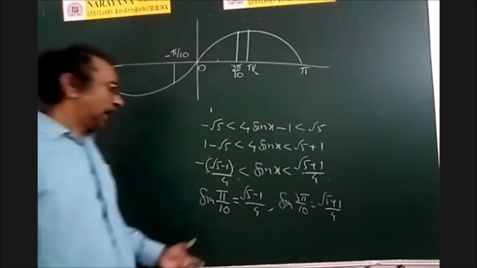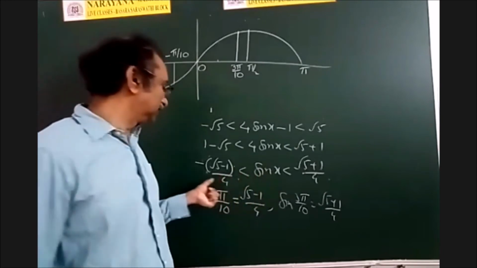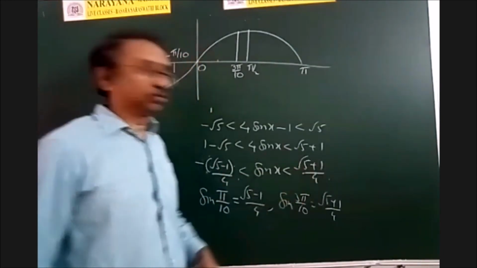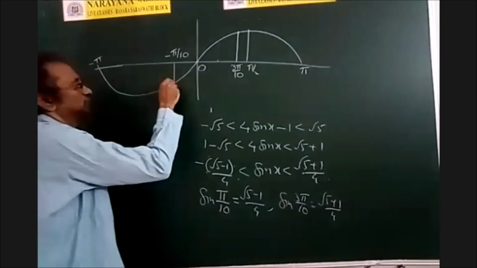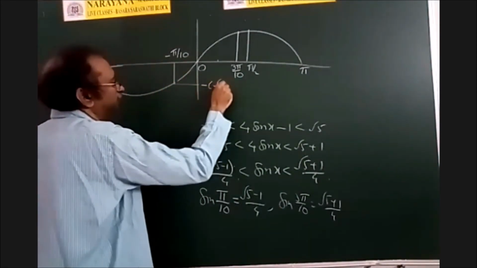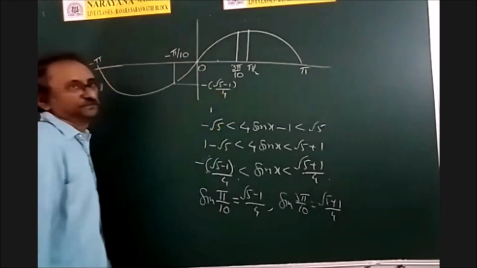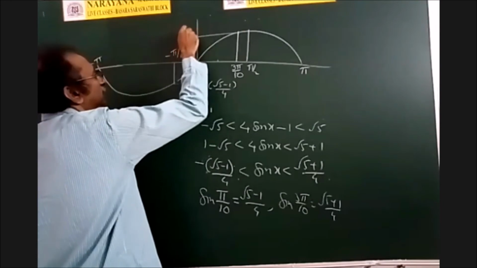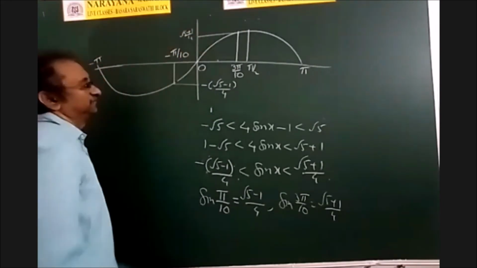Right. So I need the values of sin x in between minus of root 5 minus 1 by 4 to root 5 plus 1 by 4. So here its value is minus of root 5 minus 1 by 4, and at 3 pi by 10, its value is root 5 plus 1 by 4.